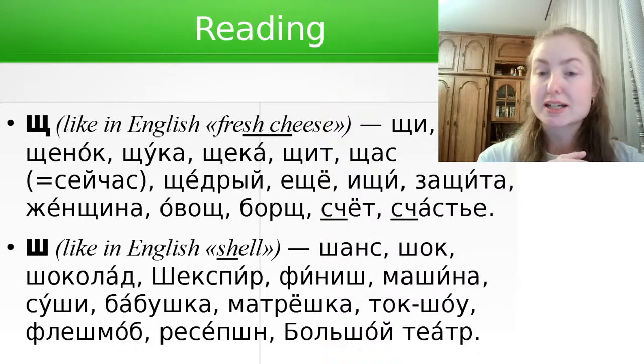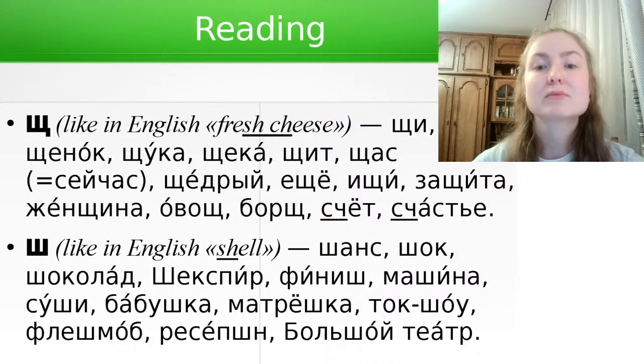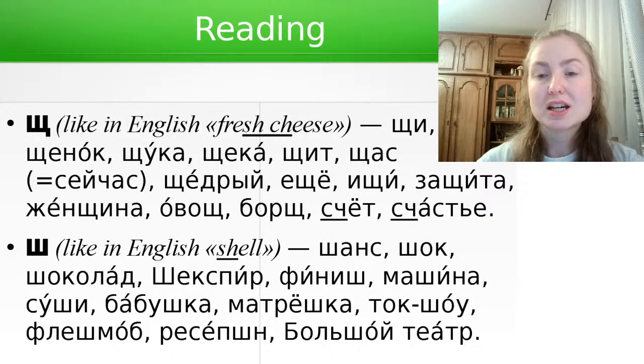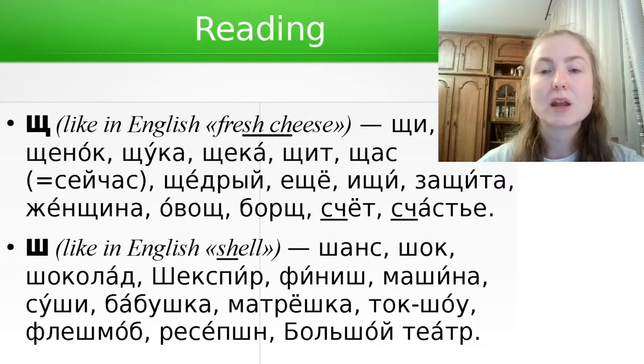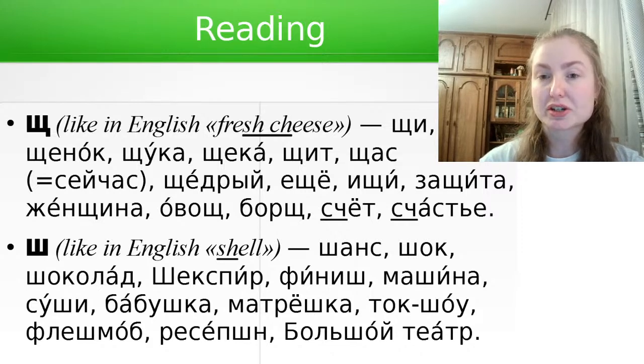Щас is a short spoken Russian word from сейчас. Сейчас I wrote you in brackets. Сейчас means now, at the current moment. Next word, щедрый. Щедрый means generous, generous person.